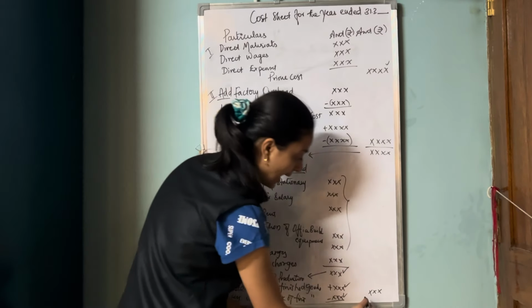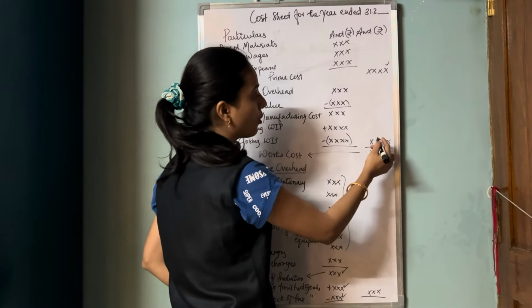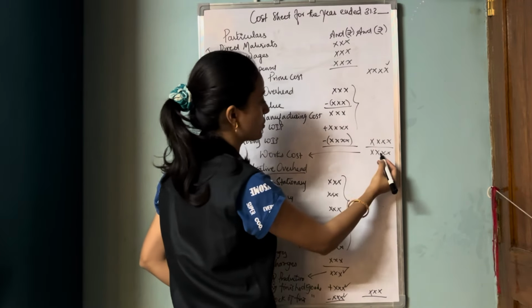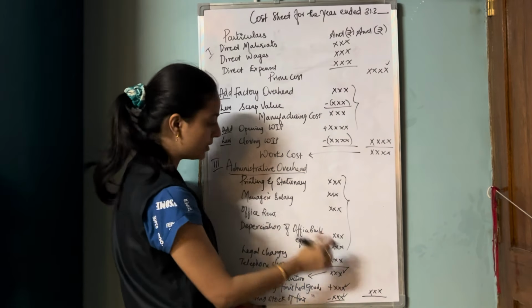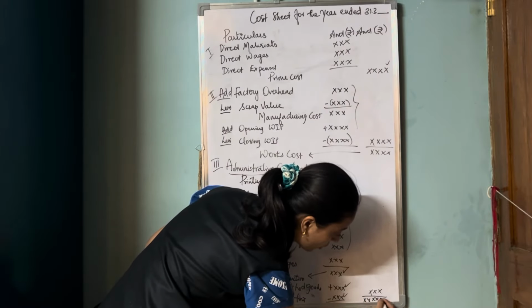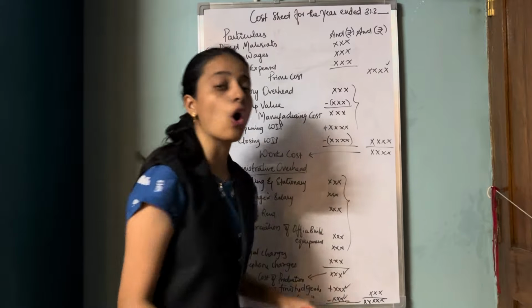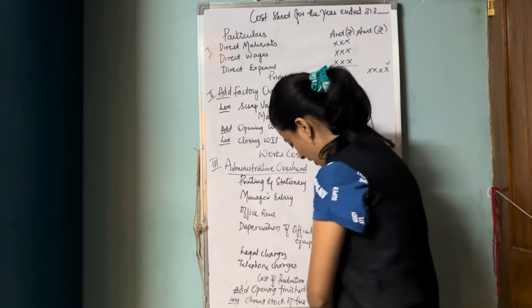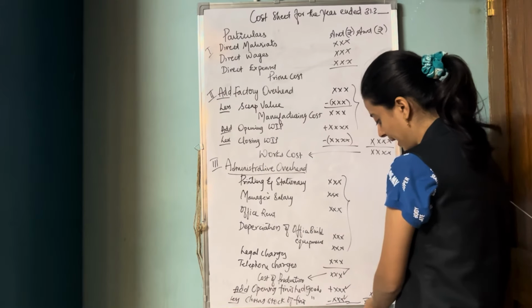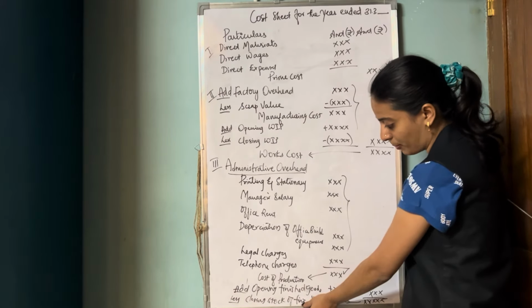Right? Now, prime cost and factory overhead total we got, we wrote it as work cost. Work cost and administrative overhead total, you add both, and what will result is nothing but cost of sales. Administrative overhead we get after cost of production.